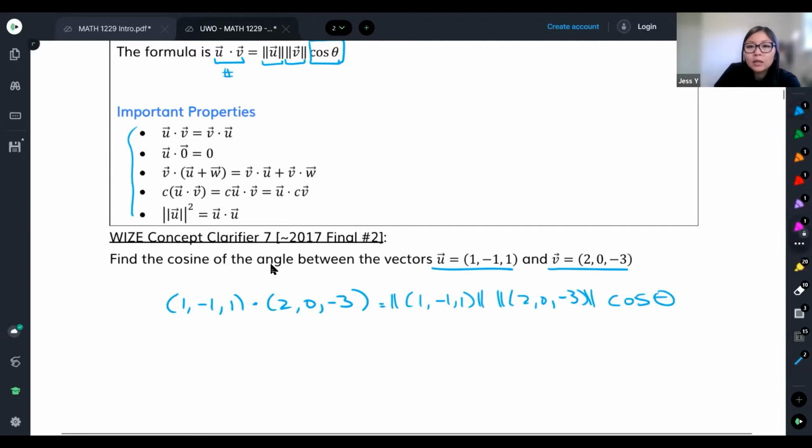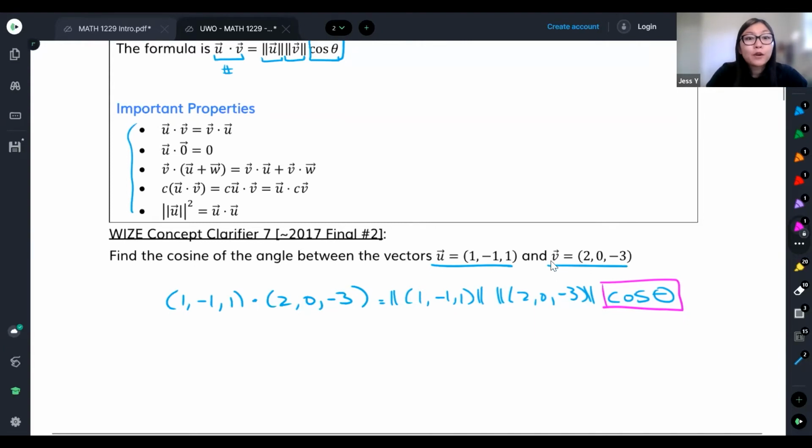So pretend cosine of theta is like a variable x. You're trying to solve for x, okay? So why don't I give you guys a minute, try this one out, okay? Do the dot product. Remember, you're multiplying each of the numbers together, adding them up, find the lengths, and then solve for this variable cosine theta. But I'm going to start taking it up now. See how far you got.